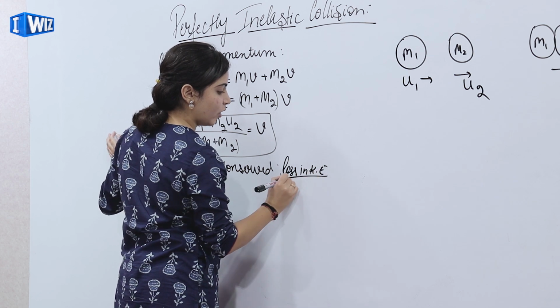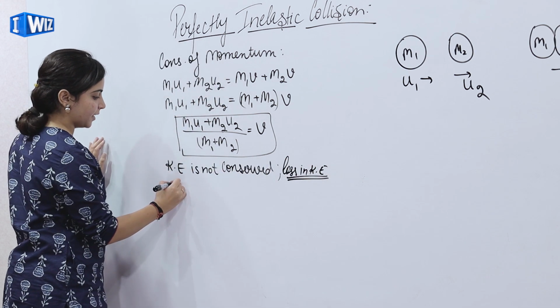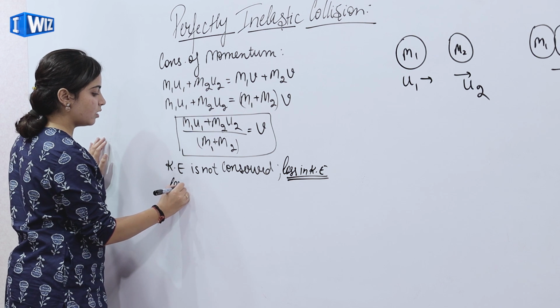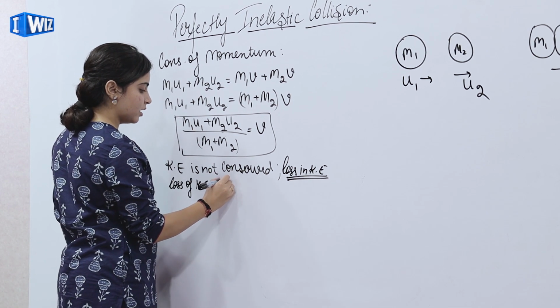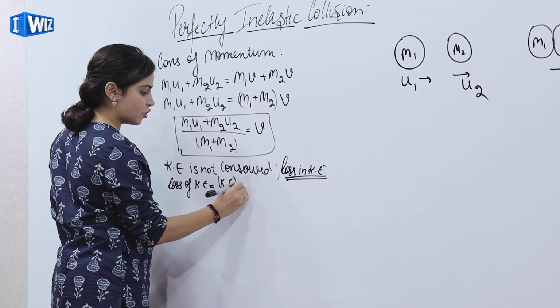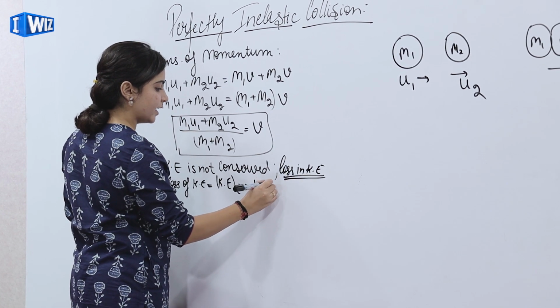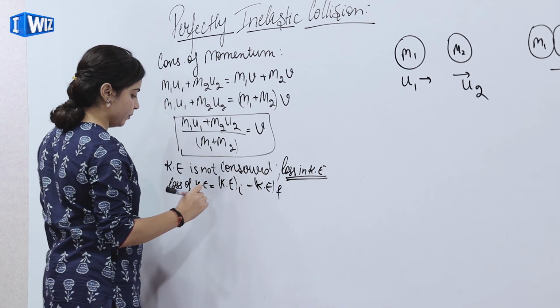So we have to find that loss in kinetic energy. What will be the loss of kinetic energy? Kinetic energy initial minus kinetic energy final.